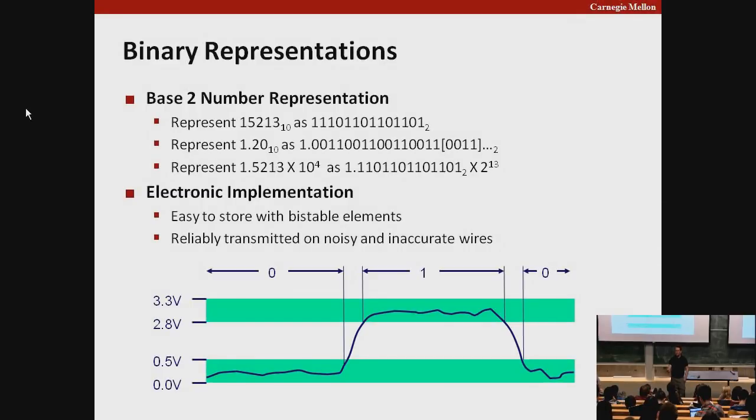What do you think? 40? 80? Help me out. 60? 70, right. We can't tell. 40, 60, 80, 20, 70. It's harder, right? It's much easier to distinguish between on and off.